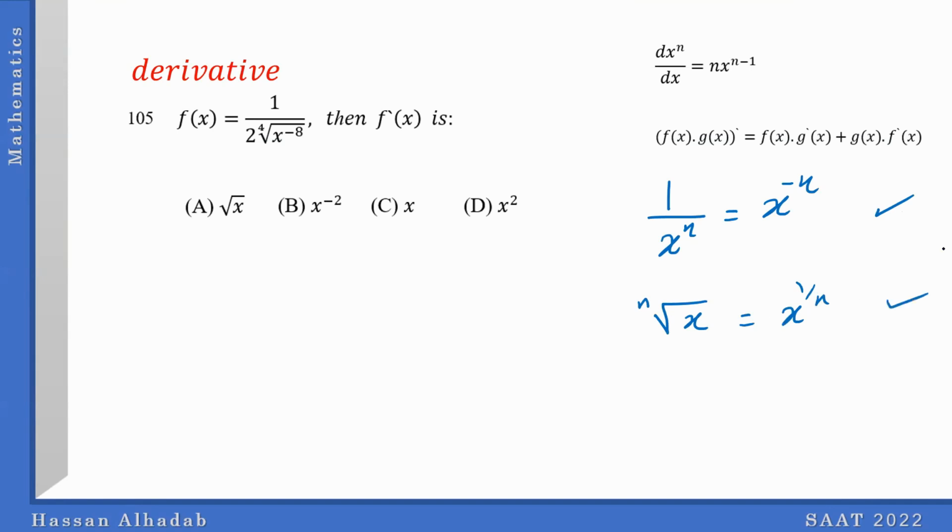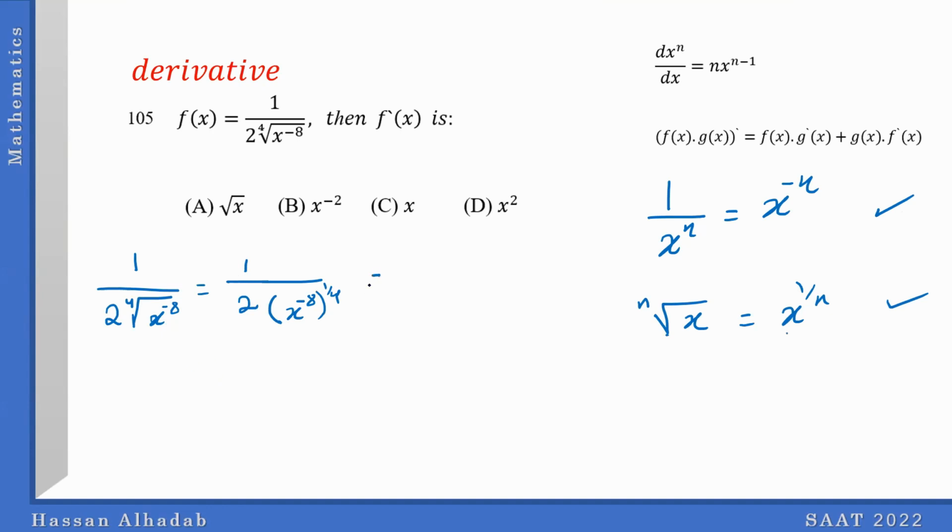Do we agree on these two? Yes, good. Now the problem here is 1 over 2 times the fourth root of x to the negative 8. This is going to be 1 over 2 times x to the negative 8 to the 1/4, because this is the root. I've changed it to 1/4.